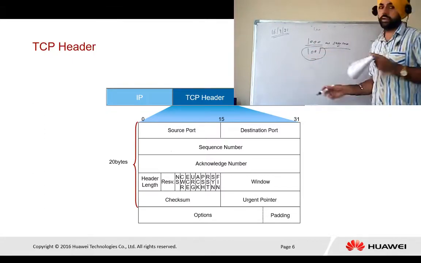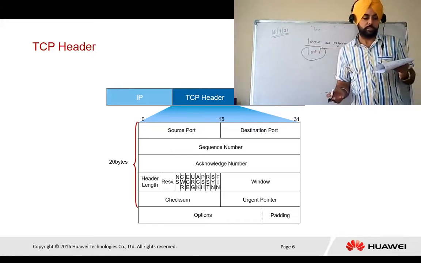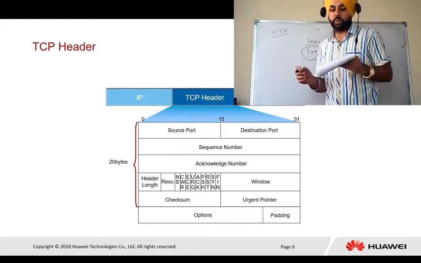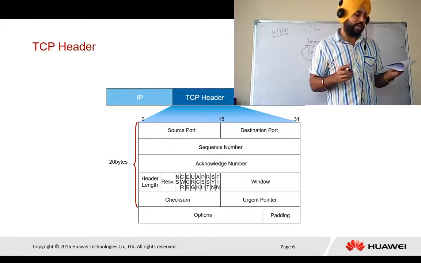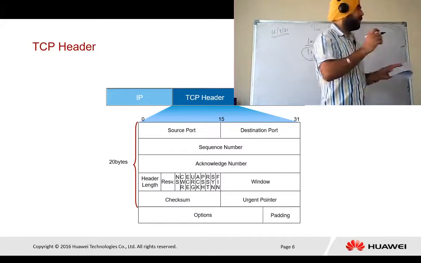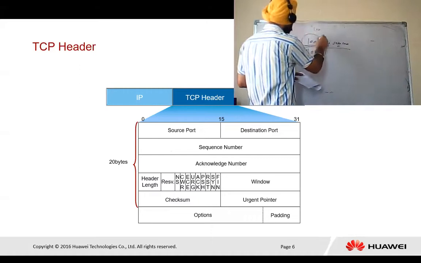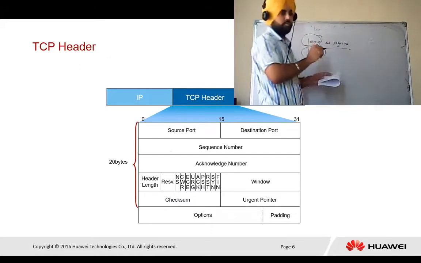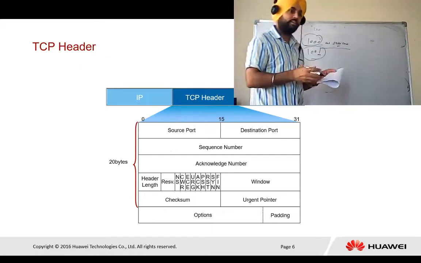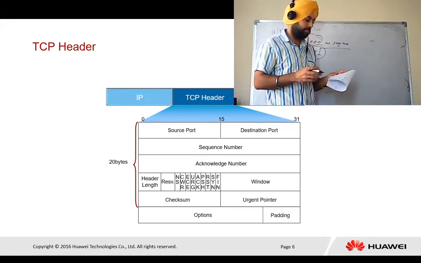It will add one to the sequence. That means the receiver tells that I have received this packet number. That is why they will add one in the acknowledgement.